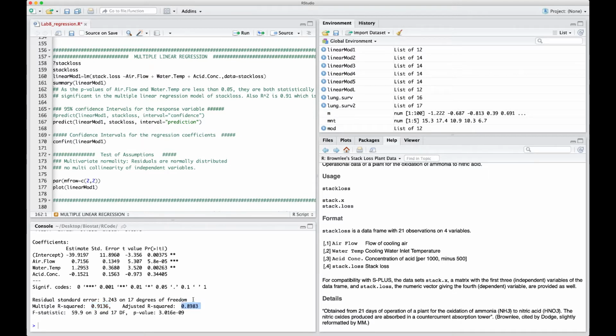So which is very good. And the p-value, you see the p-value? This p-value is for all of them together, okay? The p-value is less than that, meaning that there is a linear relationship, okay? But if you see one by one, acid concentration is not linearly dependent.